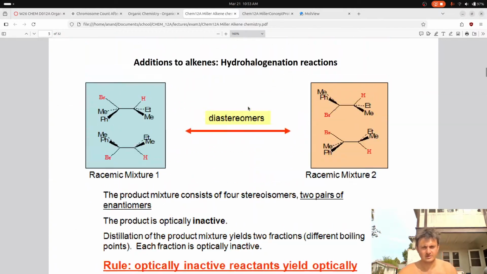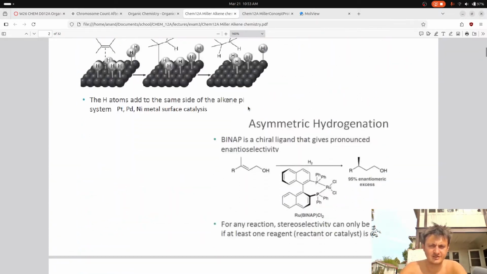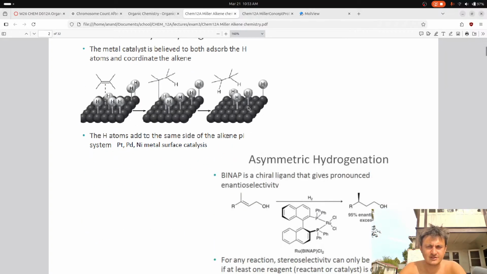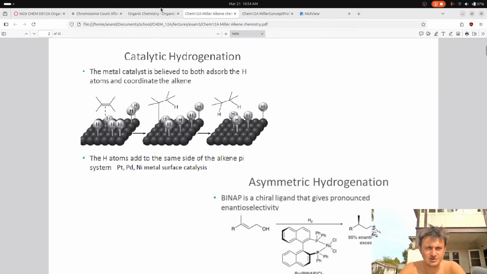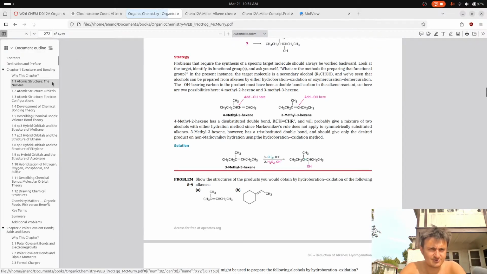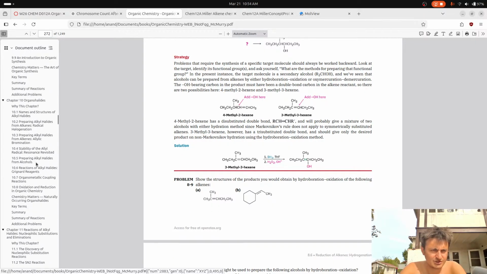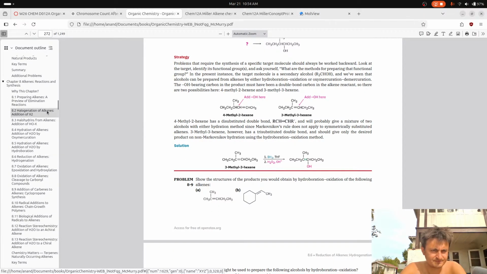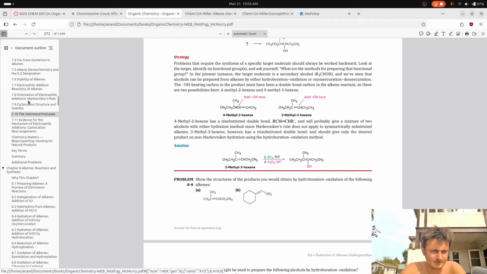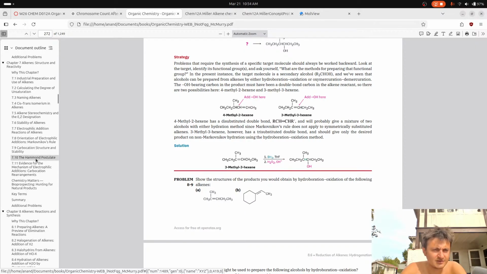Okay, so let me see if I can explain all of these slides to myself. This one we didn't really go over, but hydrogenation. This was also in the textbook.